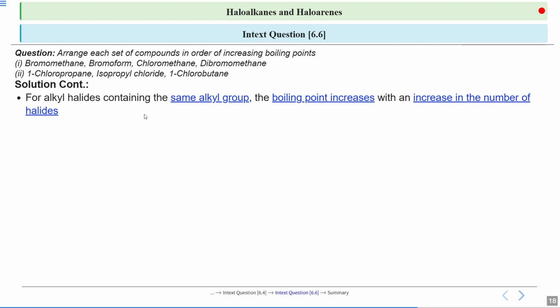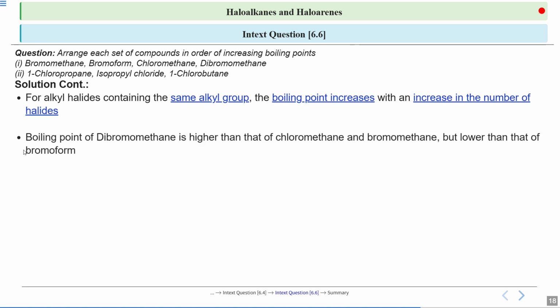For alkyl halides containing the same alkyl group, the boiling point will increase with the increase in the number of halogens. So the boiling point of dibromomethane is higher than that of chloromethane, and also higher than bromomethane, because dibromomethane has 2 bromines.